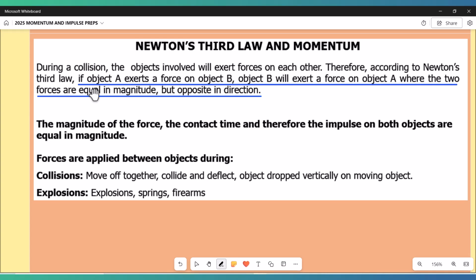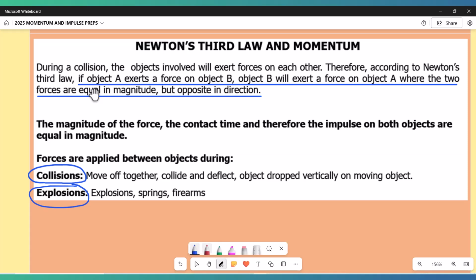Now, we classify these as collisions and explosions. Under collisions, we have got three types. Number one, where objects move off together. Number two, where they collide and deflect.